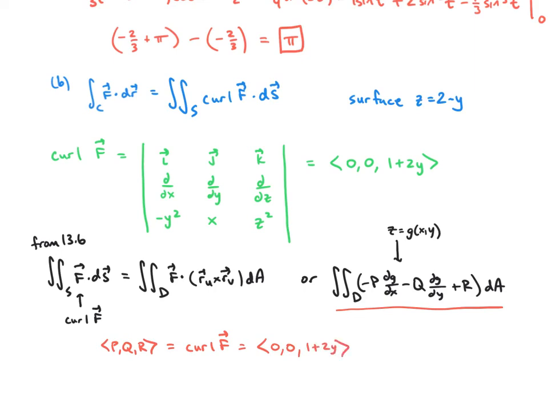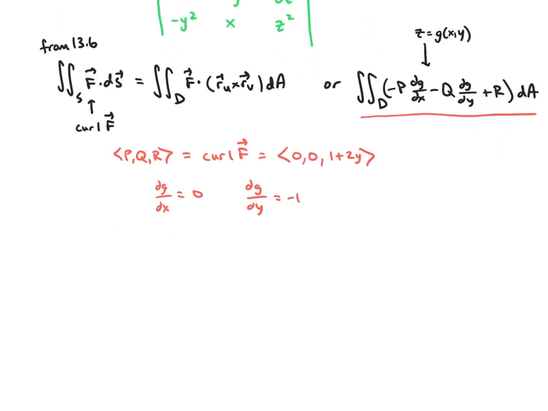The partial of g with respect to x is the partial of this equation z with respect to x, which is 0, and the partial of g with respect to y is, again of this equation, -1. So I hope this is making some sense. It's a lot to organize.